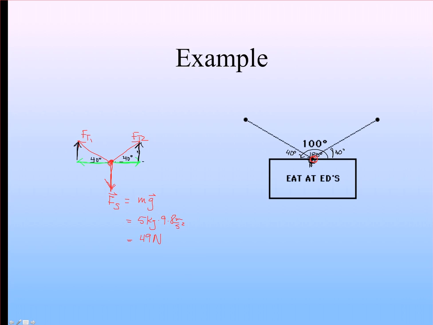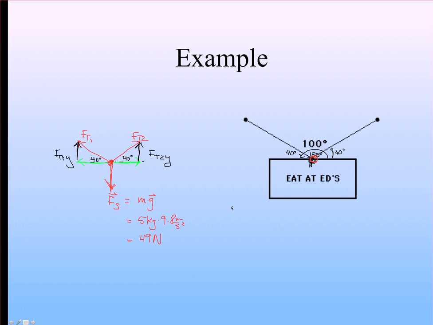The other thing you can say about the vertical components is that these two upward forces, Ft1y and Ft2y, will equal the one downward force of Fs. So let's write that down.